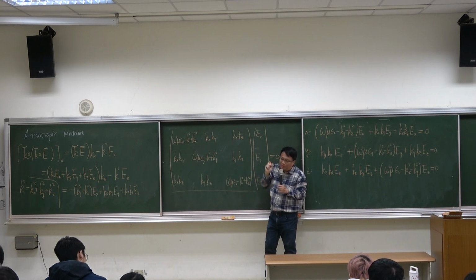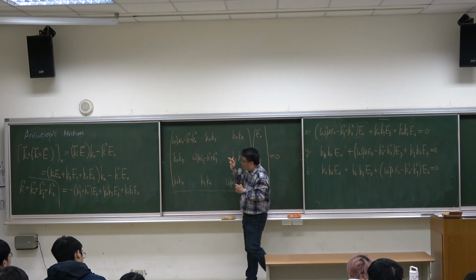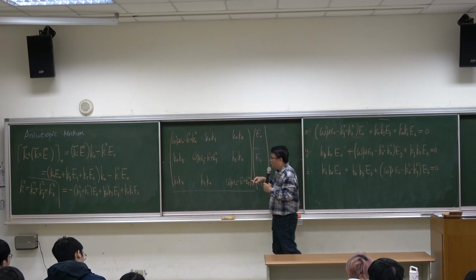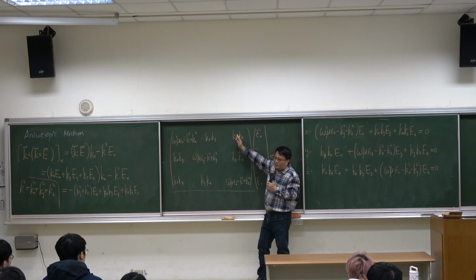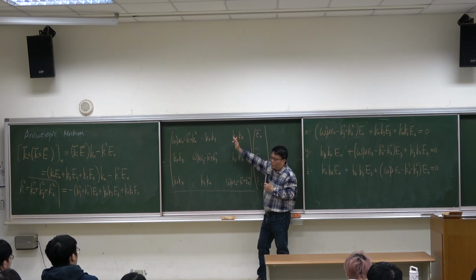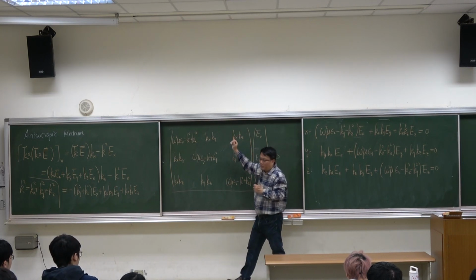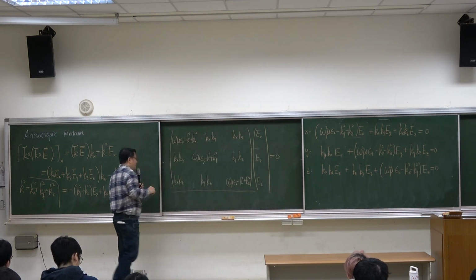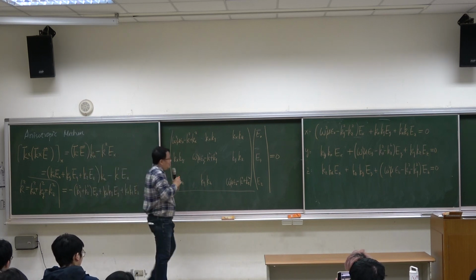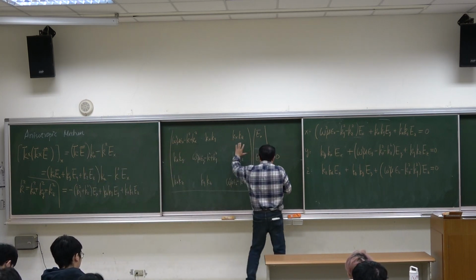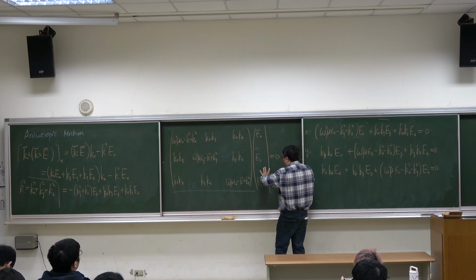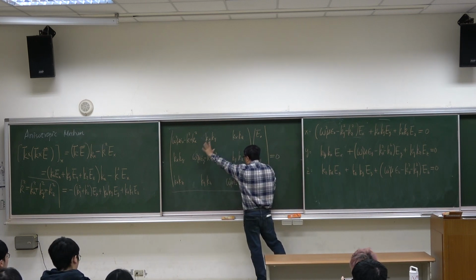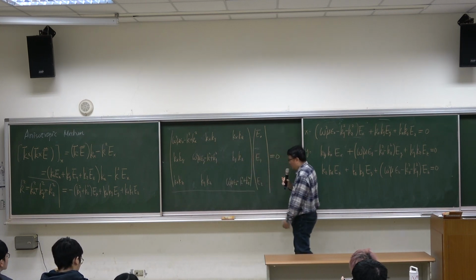So if we do not want an inverse matrix, we must assume that this matrix has zero determinant. So this equation, if we want a non-zero E vector, implies that the determinant of this square matrix is zero.